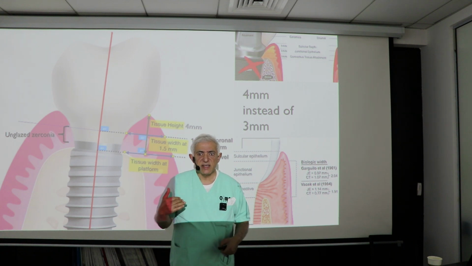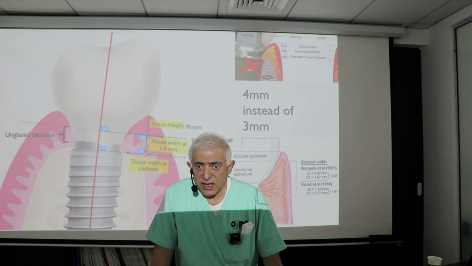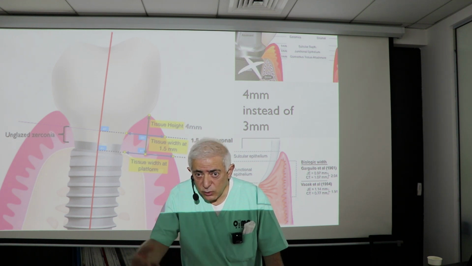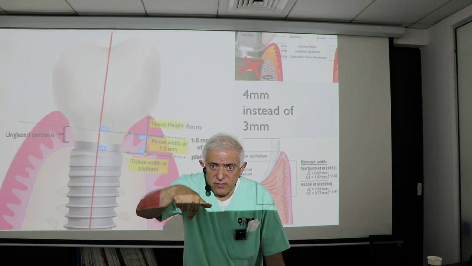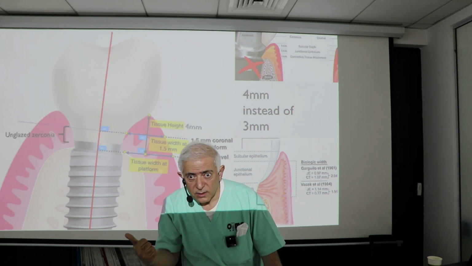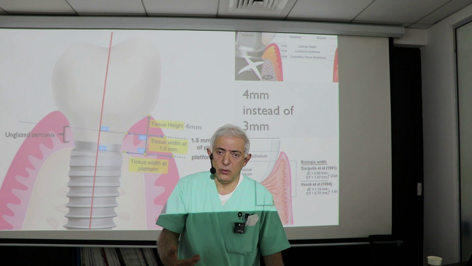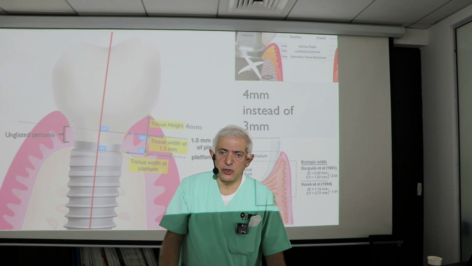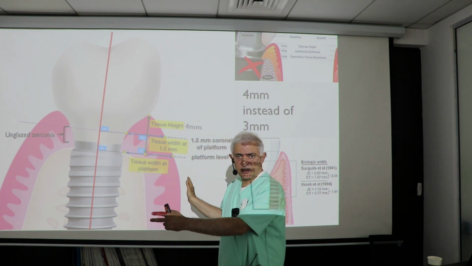So this is a new philosophy that we are learning: let's forget losing bone, let's create bone under my concave abutment. Because we know thick connective tissue invites bone formation, we are talking about this theory.